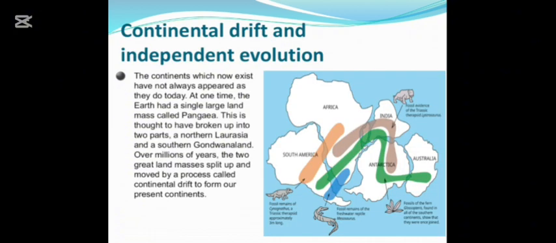Now, the other evidence of evolution is continental drifting and independent evolution. So we've learned this, the geology students. There's a theory that says that maybe long ago, Africa, South America, Antarctica, India and Australia were all one.